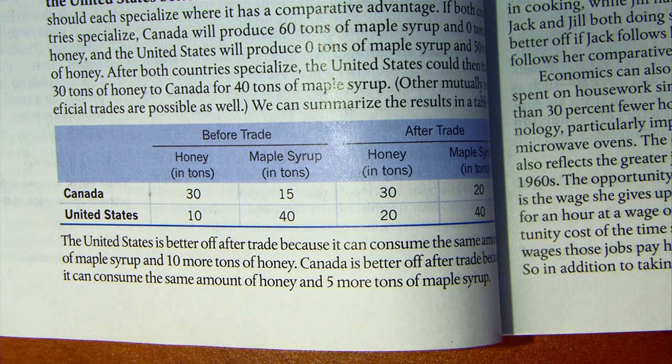So to do that, each specializes in what they have a comparative advantage at. So Canada focuses on maple syrup, and the US focuses on honey. So if the US focuses on honey, they can make 50 tons.